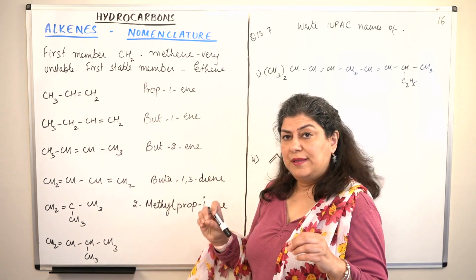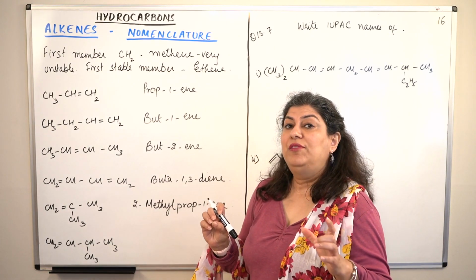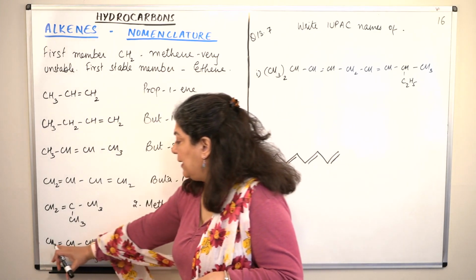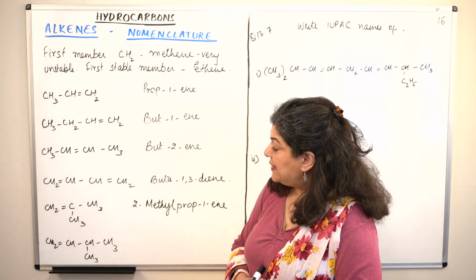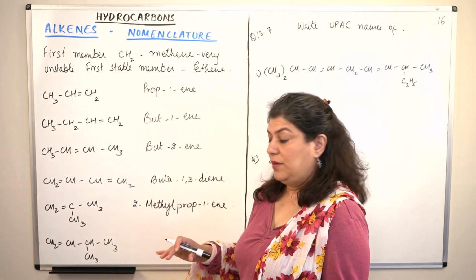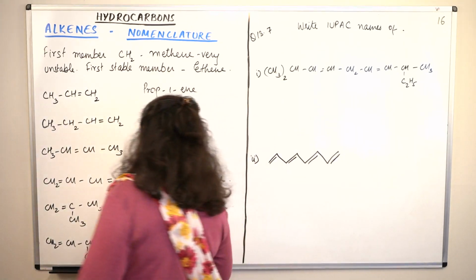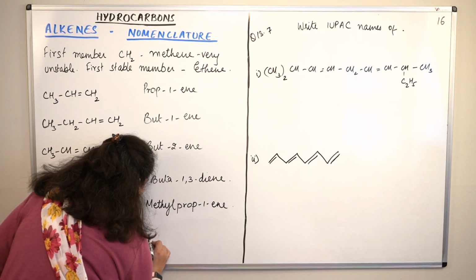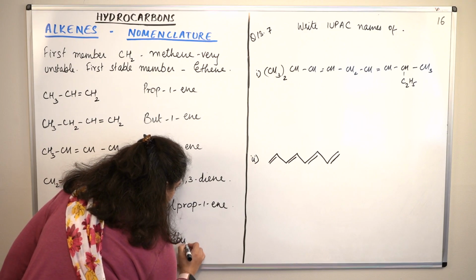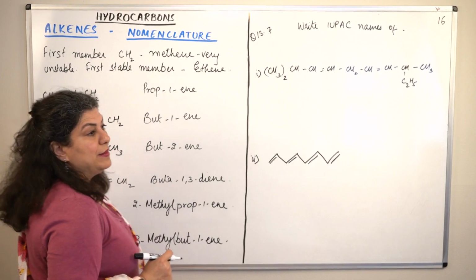If you have an alkyl group and an unsaturation, you have to give the lower locant to the unsaturation. So I'll count from this direction, and I'll write CH2, this is butene, but-1-ene, and the methyl group is on the third carbon. So I'll write this as 3-methylbut-1-ene, 3-methyl butene.